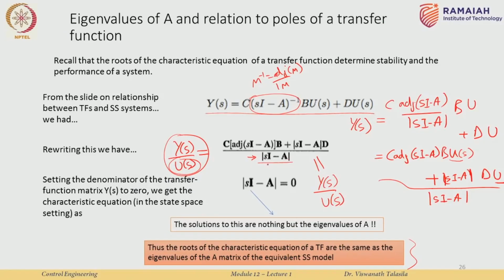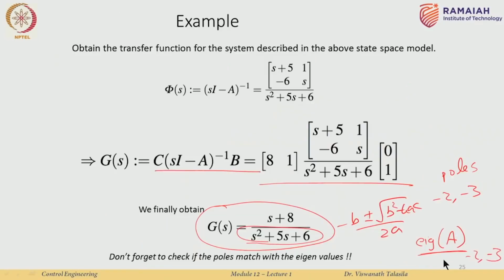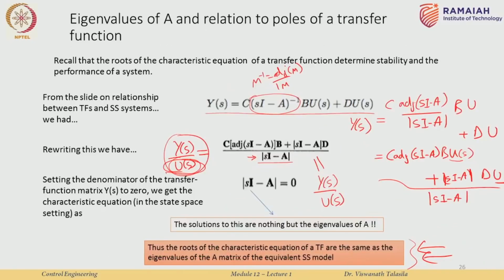So computing the eigenvalues of A is exactly the same as computing the poles of your transfer function. That is why in the previous example we were able to show numerically that the poles of this transfer function, which are minus 2 and minus 3, are exactly equal to the eigenvalues, which are also minus 2 and minus 3, and this is true in general.